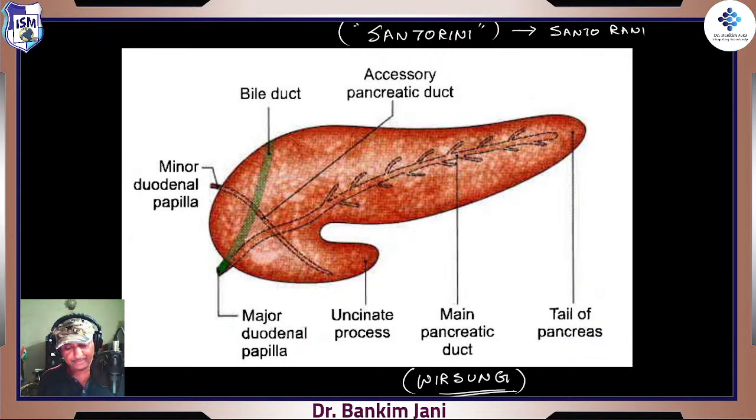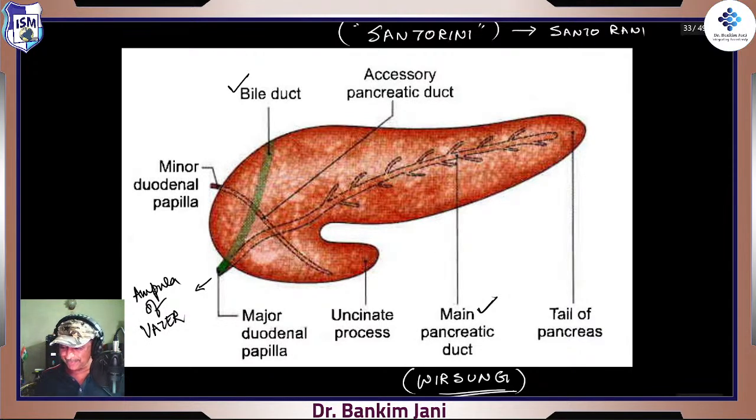And finally, this is the bile duct. This bile duct will meet this main pancreatic duct of Wirsung, right? And they will go into the, so many names are coming over here, ampulla of Vater, you know, ampulla of Vater.